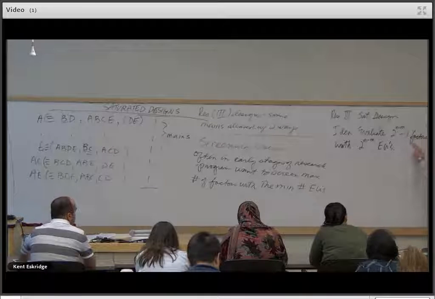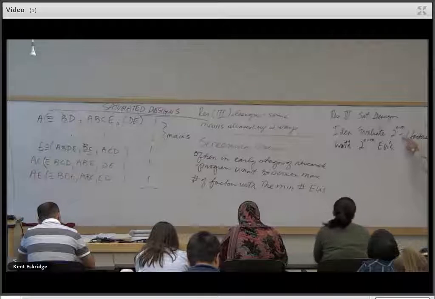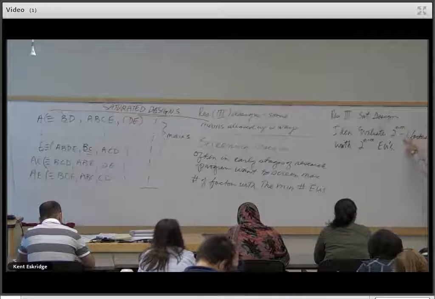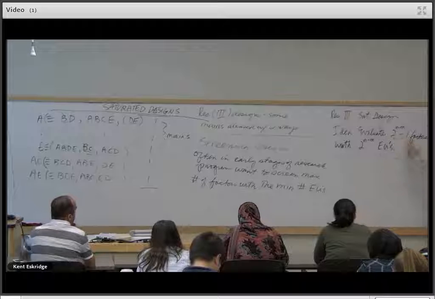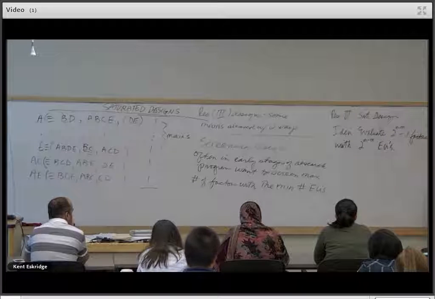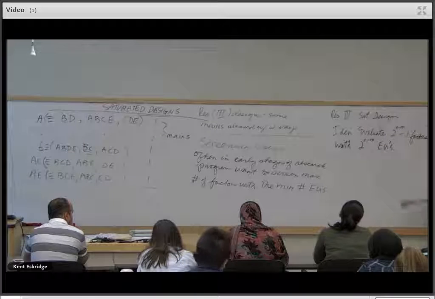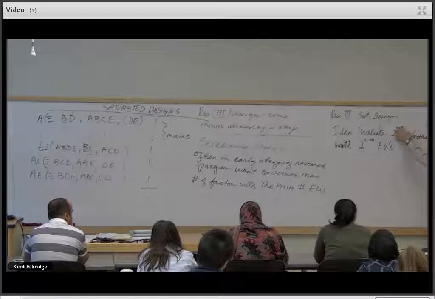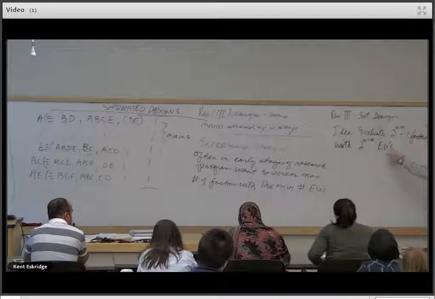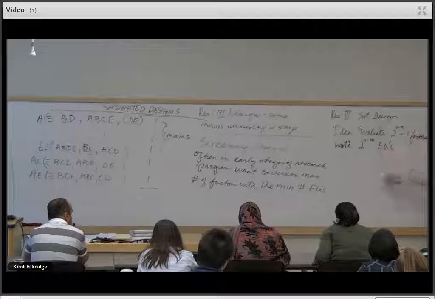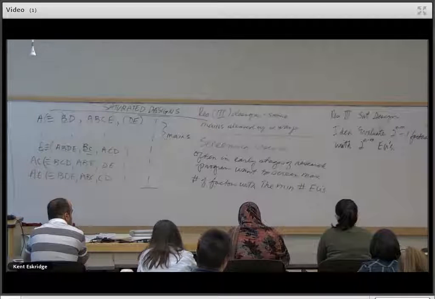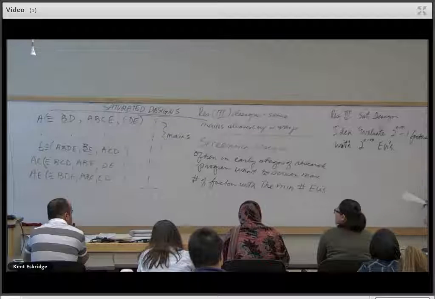With these designs, you can take it to the limit. I can screen, and you can make these up yourself. They're easy to make. I can screen almost as many factors as I have experimental units. If I have 16 experimental units, I can screen 15 factors. This is really kind of out there now, isn't it?